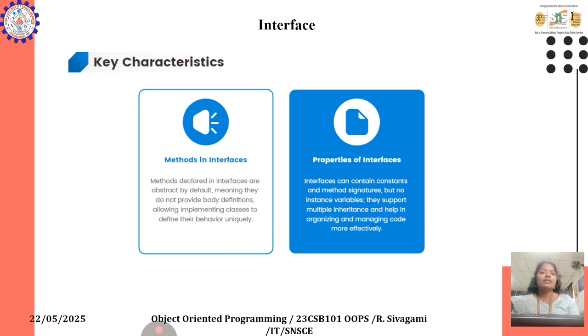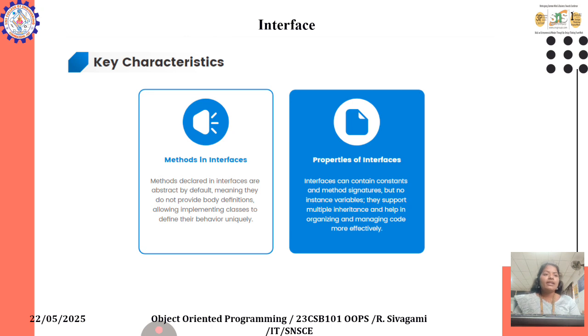The methods declared in an interface are abstract by default. We already know what abstract means. An abstract method has no explanation, no body, in that class.